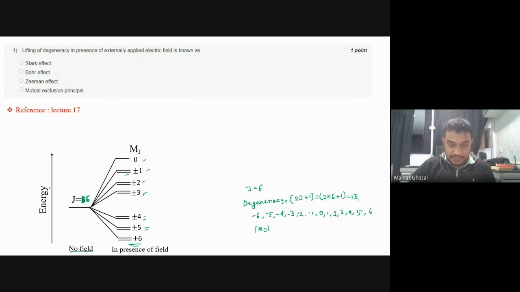And in the presence of field, this external field could be of two types.